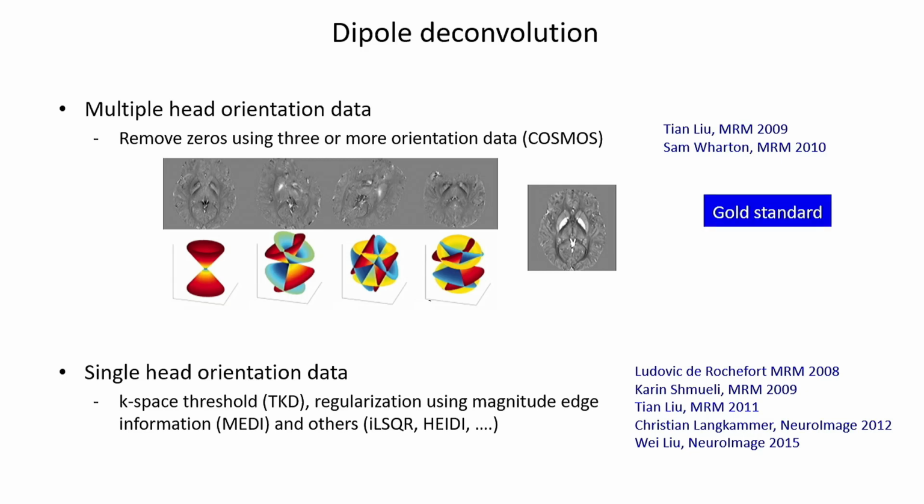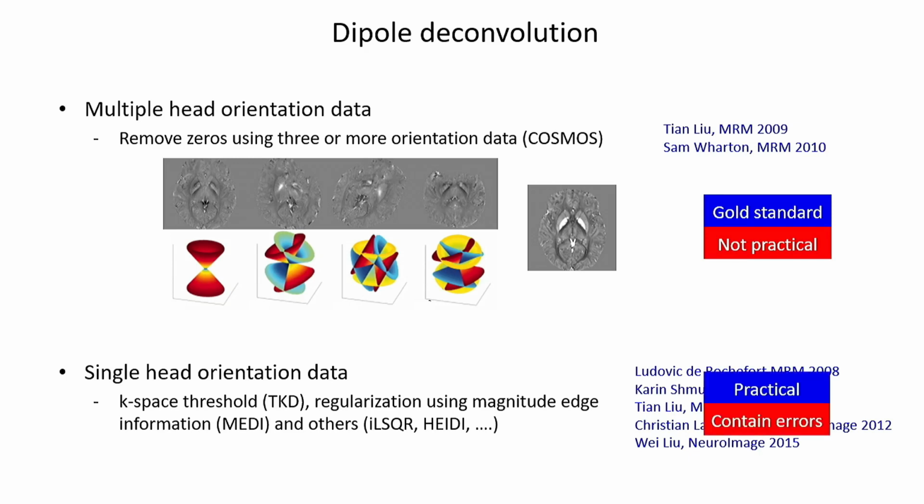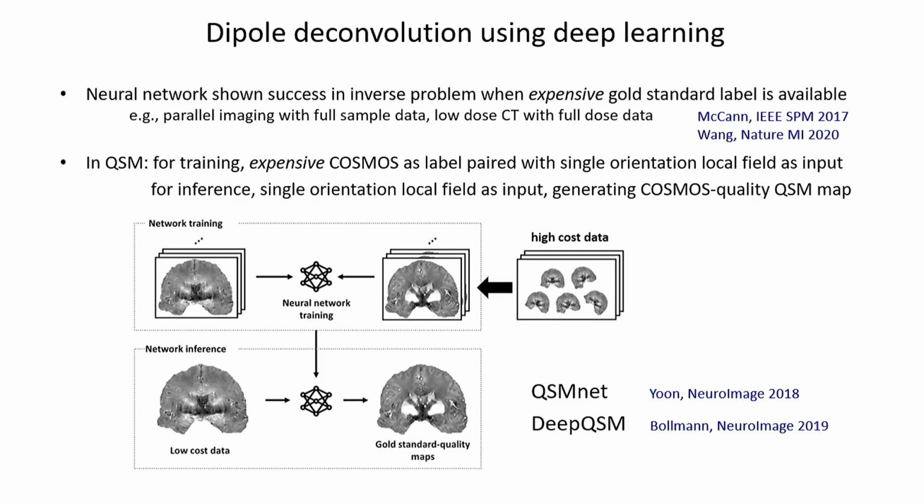In this case, we can get a gold standard result, but this is not really practical. I used to joke that this is only collectible from your graduate students who are writing the papers, and myself, I didn't try it. The other one is single orientation data, which we always use for practical purposes, but it always suffers from streaking artifacts.